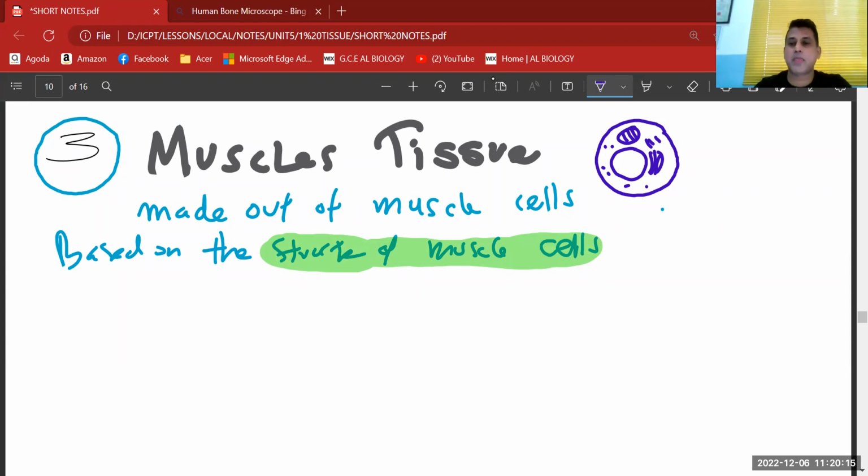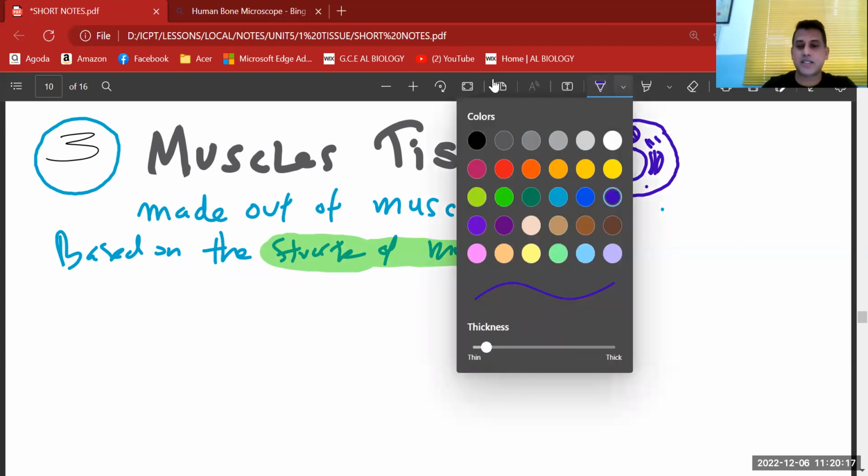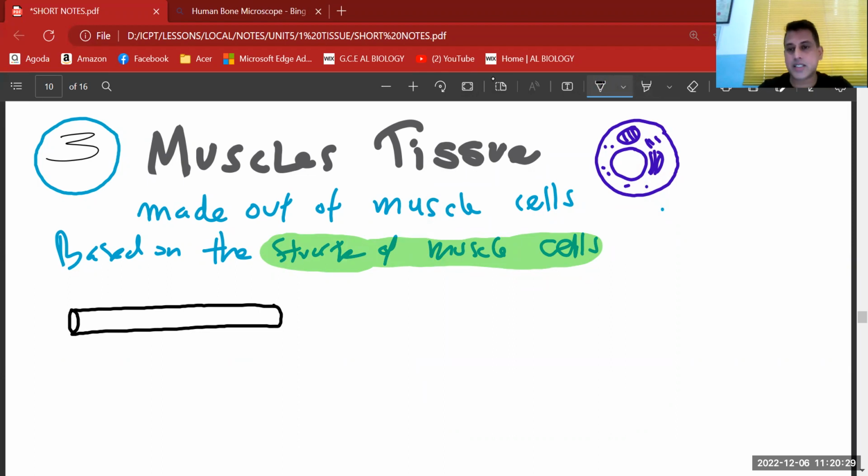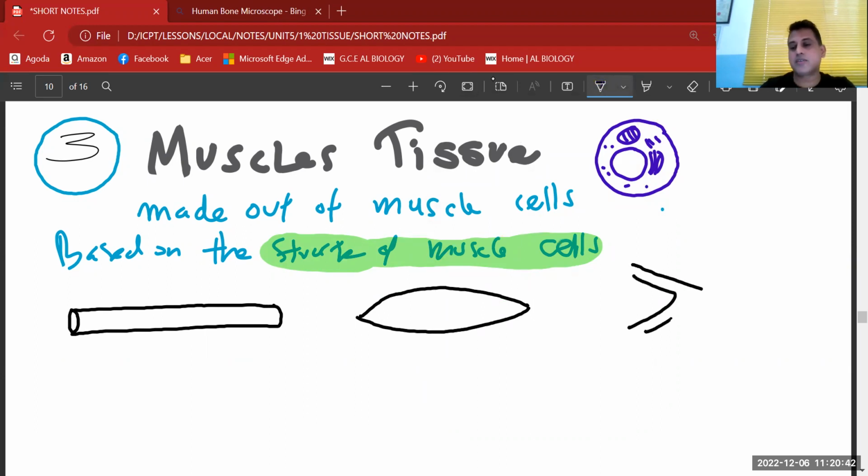Based on that, the muscle tissue cells are like this. One type of cell is like a cylinder. Another type of cell is like this, a spindle. Other types of cells are branched.